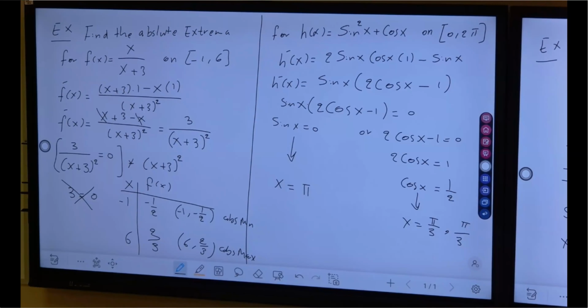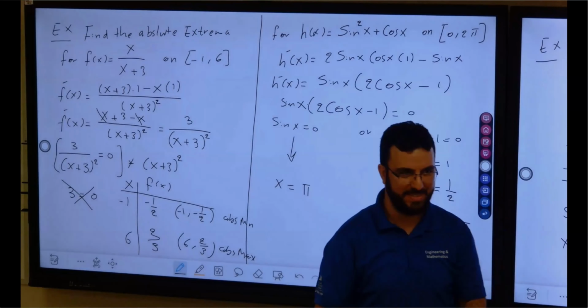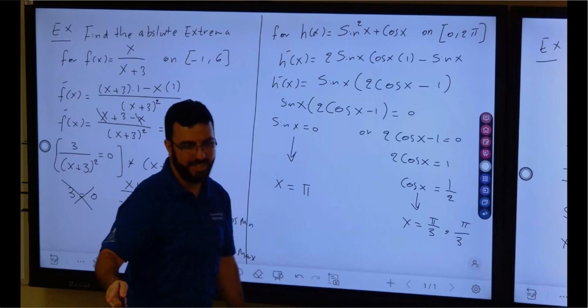Okay, 4 times 180 divided by 3 is going to be 240. No, 7 pi is too high.